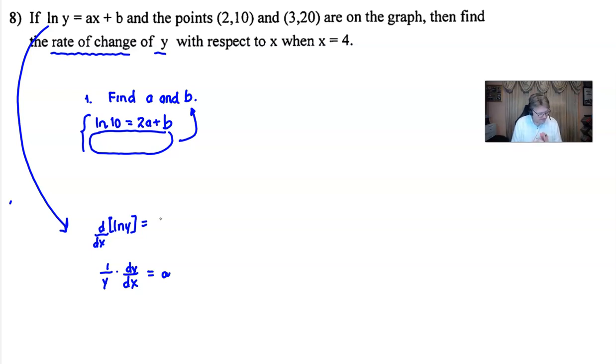All right? Now, what you're going to do is then realize that your dy over dx is solved for only once you multiply the y over to the other side. But therein lies a problem, because the y is something that we don't readily know.